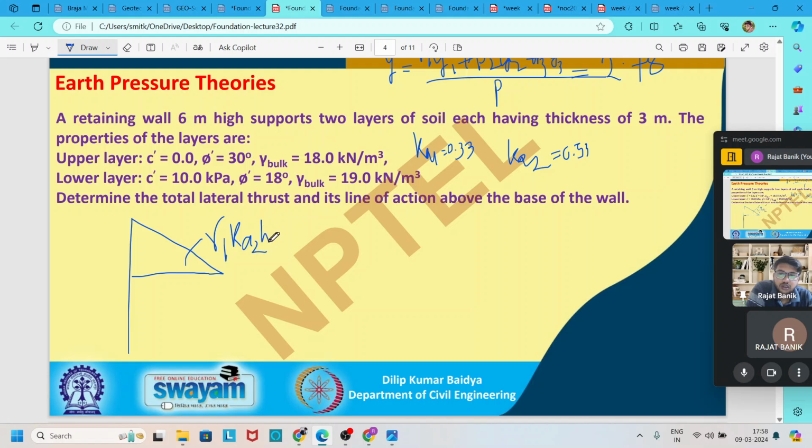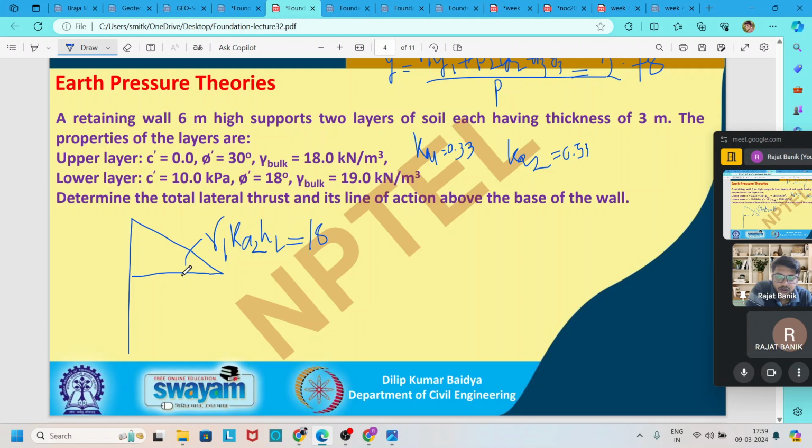Gamma of the first layer is 18 into Ka1 is 0.33 into H1 is 3, it becomes 17. Again I'm doing it: gamma is 18 into 0.33 into H1 is 3, and it becomes 18.